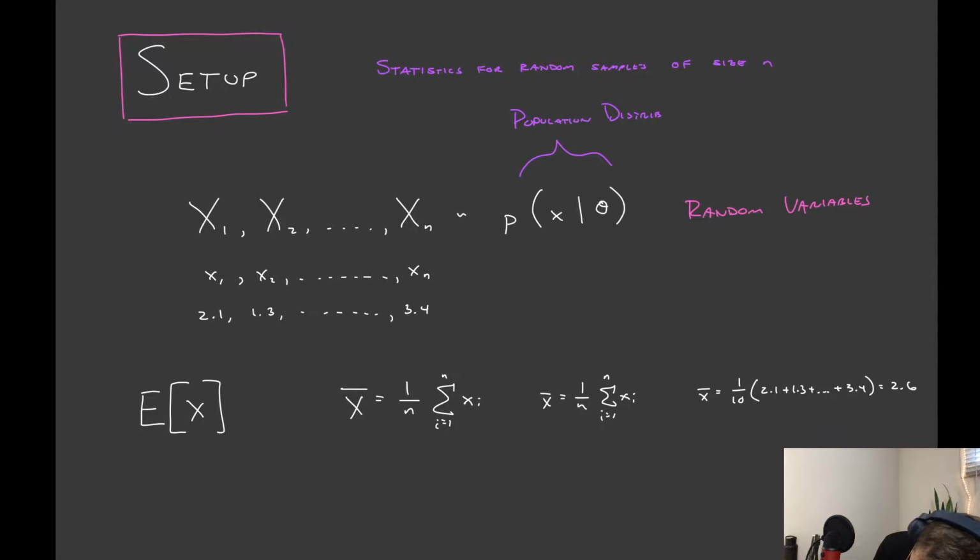So you can think of that as either the PDF or the PMF of some known distribution parameterized by theta. The notation is not so important there, it's just a way to represent a population distribution.